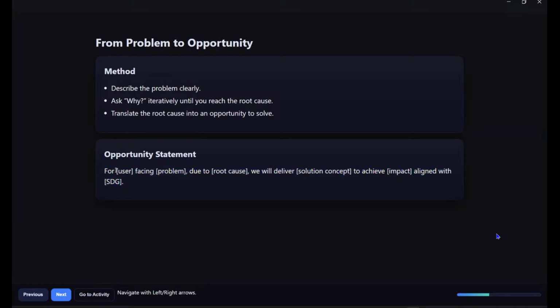For example, for farmers facing a transportation issue because they stay at remote places, we will deliver instant transportation through our vehicles or our app, aligned with the SDG.